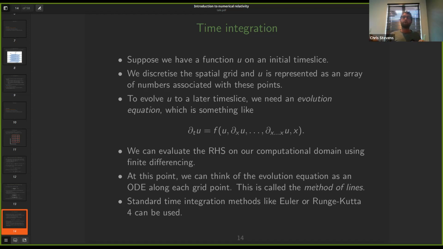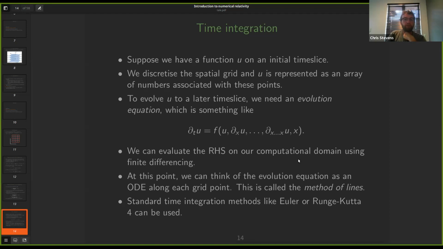If the right-hand side involves spatial derivatives, then we can approximate them using finite difference operators. So at the end of the day, we end up with a right-hand side which is numerical. So we have numbers for the right-hand side when it's discretized across this spatial slice.